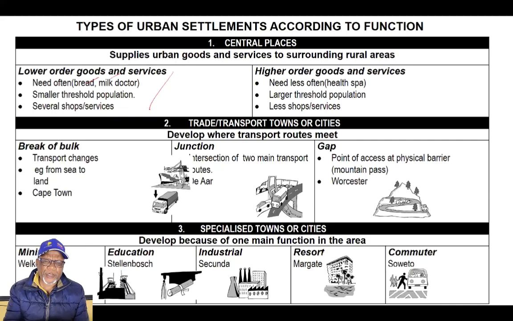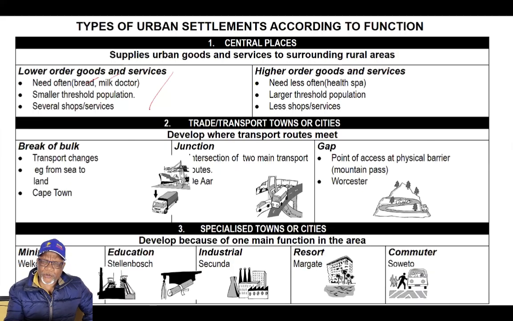And then the low order goods and services have a smaller threshold population, which means a smaller shop has fewer people to buy from for it to remain profitable than a shopping mall or a shopping complex. A shopping complex will be a higher order service because it's going to need more people than a small grocery store.